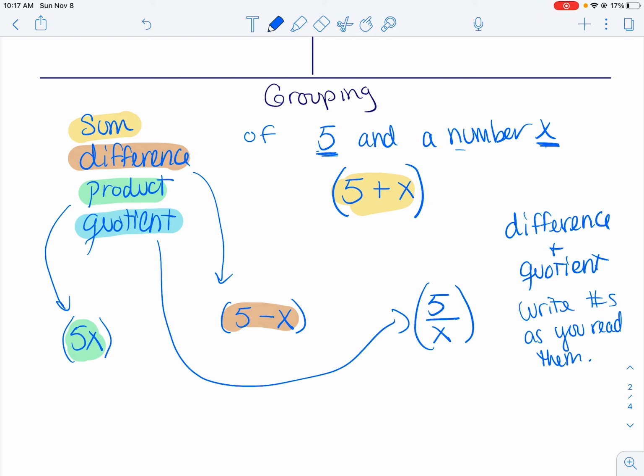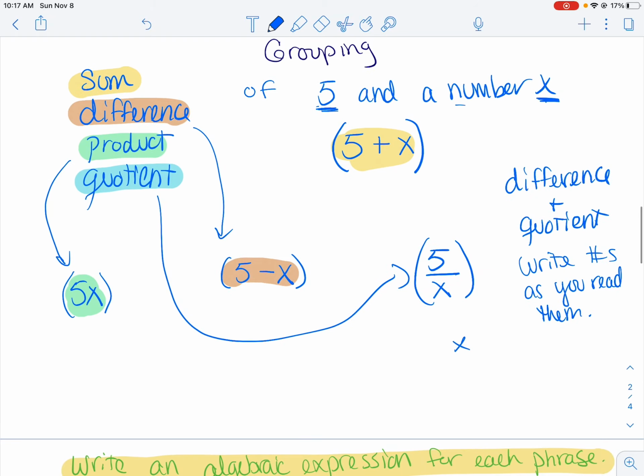If it said the difference of a number x and 5, then you would want x minus 5. So the order is really important with subtraction and division, right? Because if I put those in a different order, x divided by 5 could be a different number than 5 divided by x. But multiplication and addition, those are commutative, right? These are your commutative property.